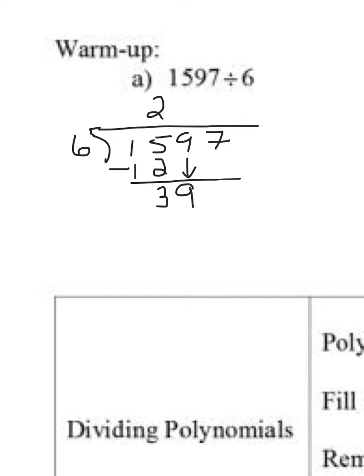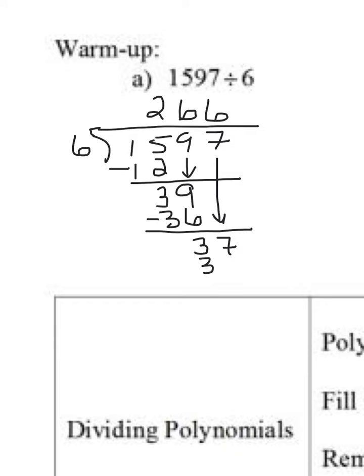Then I decide how many times will 6 go into 39. Well, it will go 6 times. 6 times 6 is 36. And then I subtract again. This time I have a 3. I'm going to bring down the 7. Again, 6 can go into 37 6 times. 6 times 6 is 36.